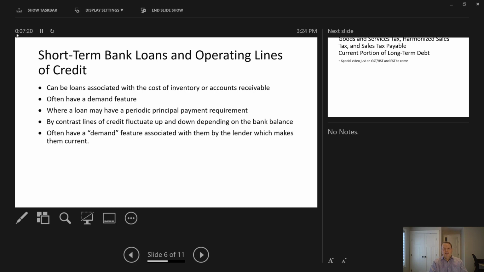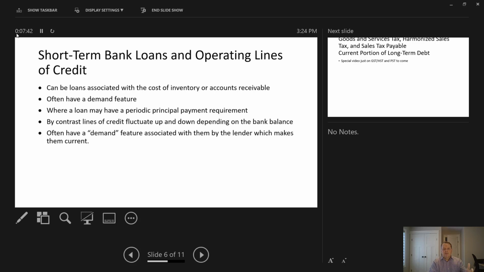Accounts receivable are another item that can secure an operating line or a bank loan. If you've got $100,000 in accounts receivable in a business and you'd like to get that money and put it to some good work, sometimes you can go to your bank and say, look, we've got this $100,000 in receivables.